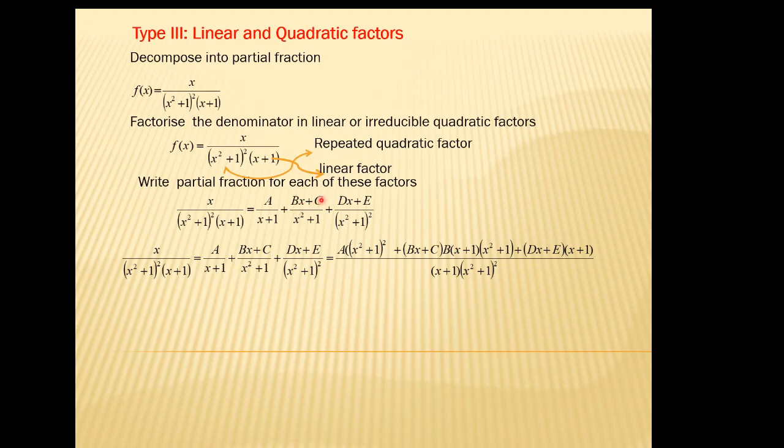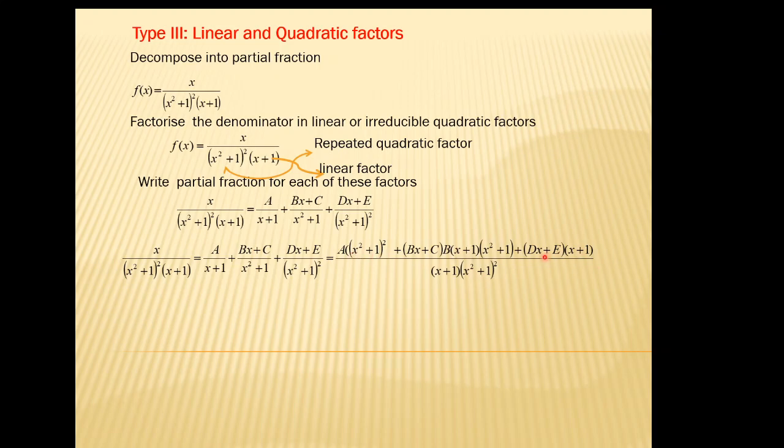Then bx plus c already has x square plus 1, so one x plus 1 and one more term of x square plus 1 is missing. So I will multiply bx plus c by (x plus 1) into (x square plus 1). Then dx plus e has (x square plus 1) whole square, so what is missing is x plus 1. Like this we will write.